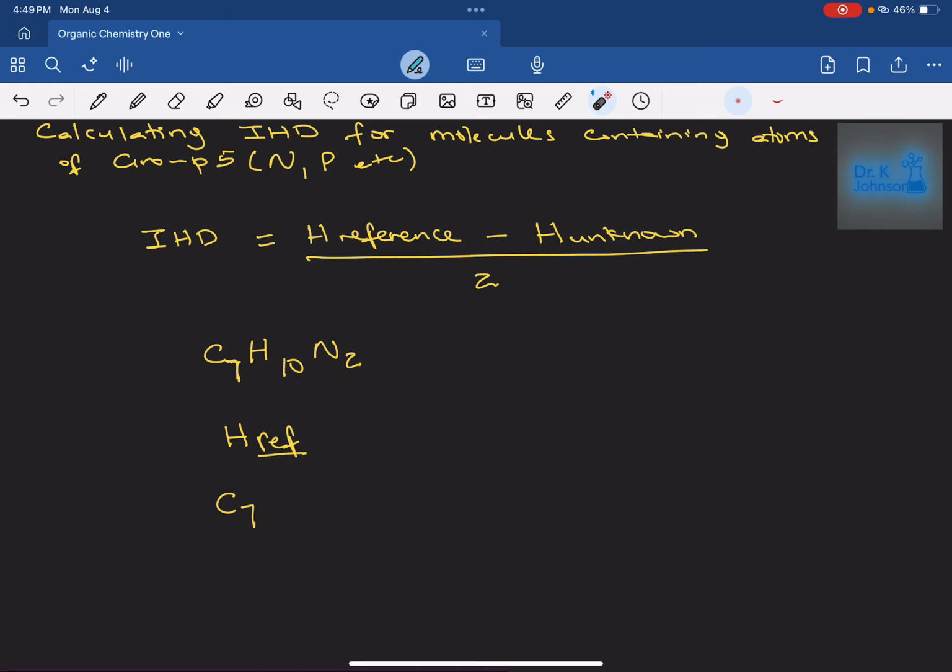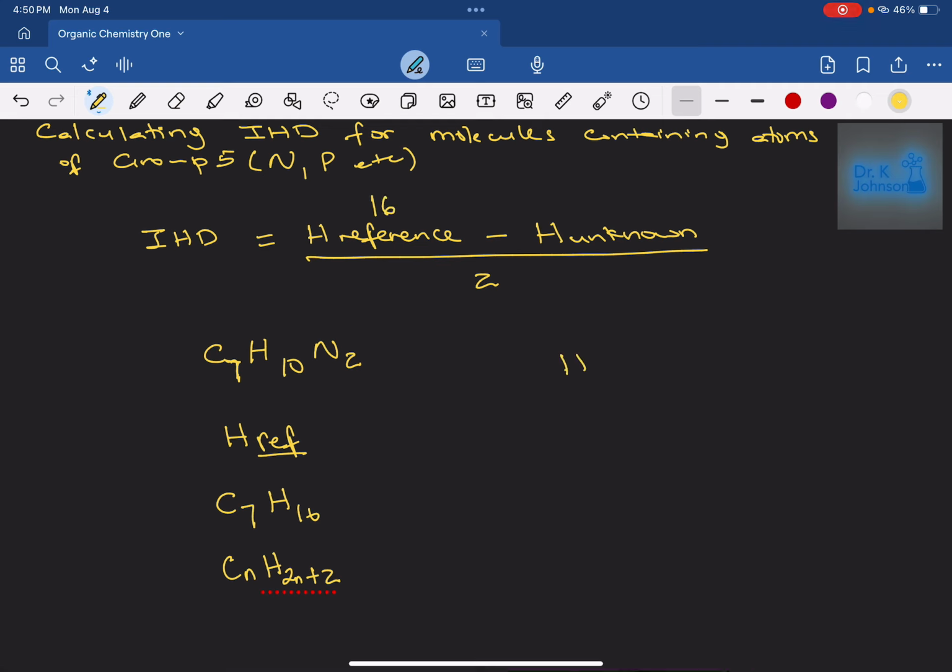My unknown has 7 carbons, so I need the corresponding alkane that has 7 carbons. An alkane that has 7 carbons has 16 hydrogens. That's the CnH2n plus 2 molecular formula. 7 times 2 is 14, plus 2 is 16. So the number of hydrogens in my reference is 16.